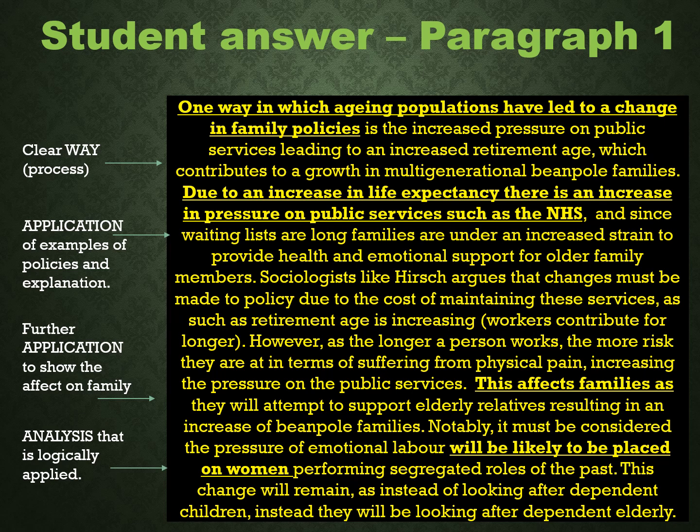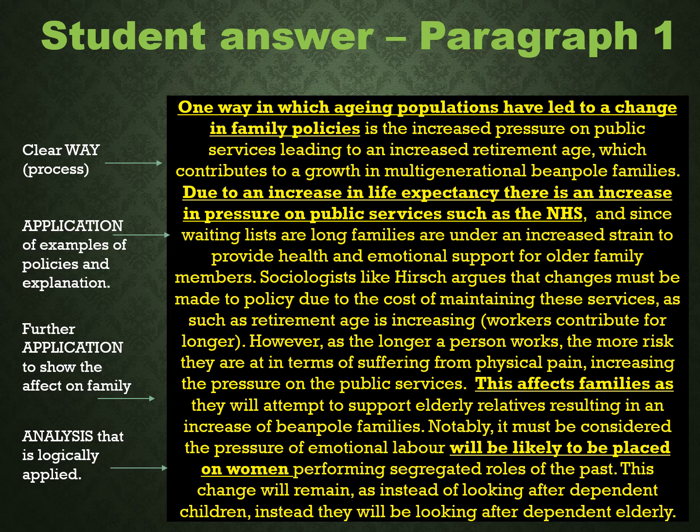This change will remain because instead of looking after dependent children, they're going to look after dependent elderly. And they're sort of implying this is the beanpole element, that they're going to have fewer children because of the increased pressure of looking after their elderly relatives. So hopefully that will give you a little bit of a breakdown about how you might word that paragraph. And this student did get 10 out of 10.